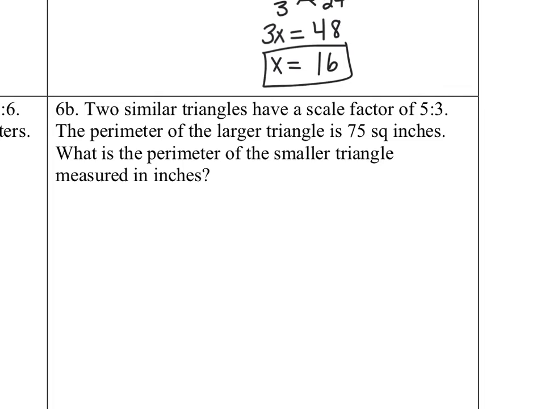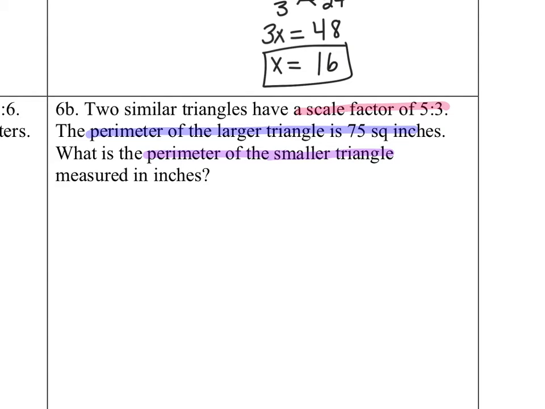For 6b, we have two similar triangles with a scale factor of 5/3. The perimeter of the larger triangle is 75 inches. What is the perimeter of the smaller triangle? So 3 things. We have a scale factor, one given perimeter, and one perimeter we need to find.